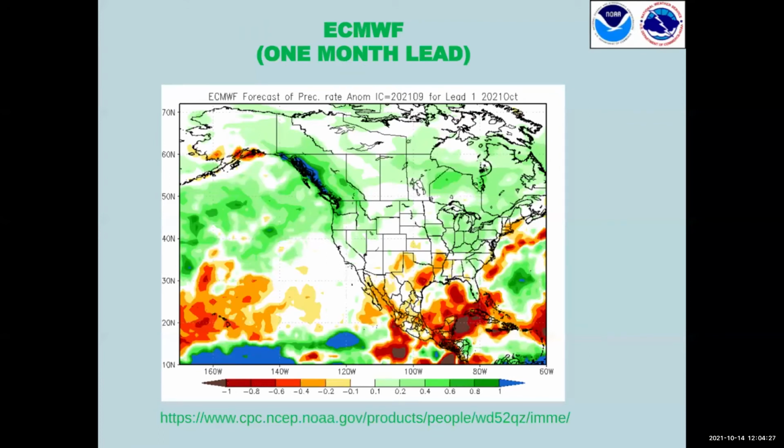Here's an example if we clicked on the ECMWF 1 month lead time. I think this was a run that was done in early September, forecasting the precipitation chance for the month of October. You could see that the ECMWF back in September was predicting slightly above normal precipitation for California.